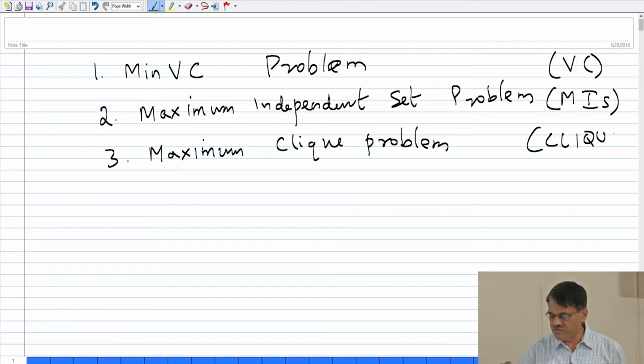These notations are for the problems. Given a graph, find a maximum clique in the graph. What is a clique in the graph? It's a subset of vertices where there is an edge between every pair of them. None of these three problems currently have a polynomial time algorithm. The best known algorithms are exponential time algorithms.